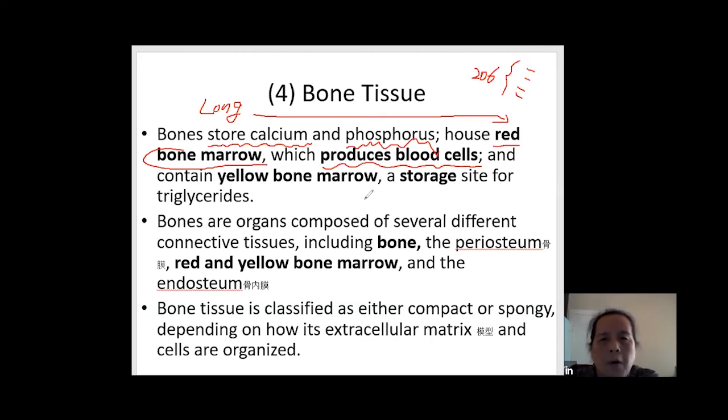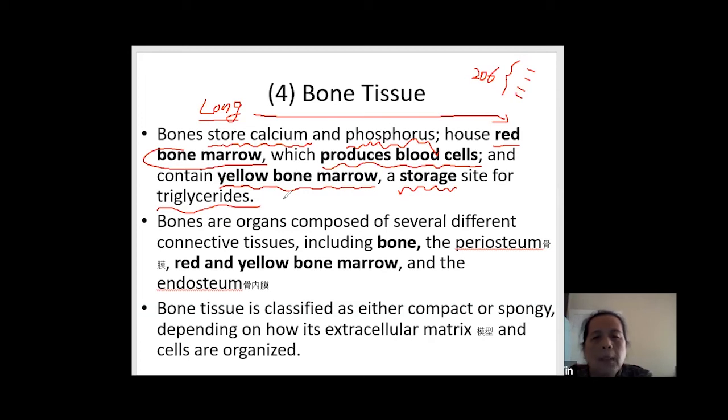So that's the function of the bone tissue here. And in the center of the long bone, they also have yellow bone marrow. Yellow bone marrow is basically the storage for fat.